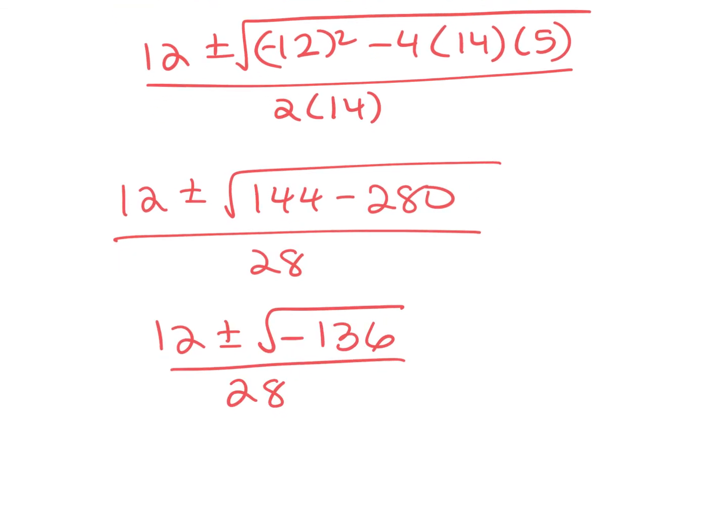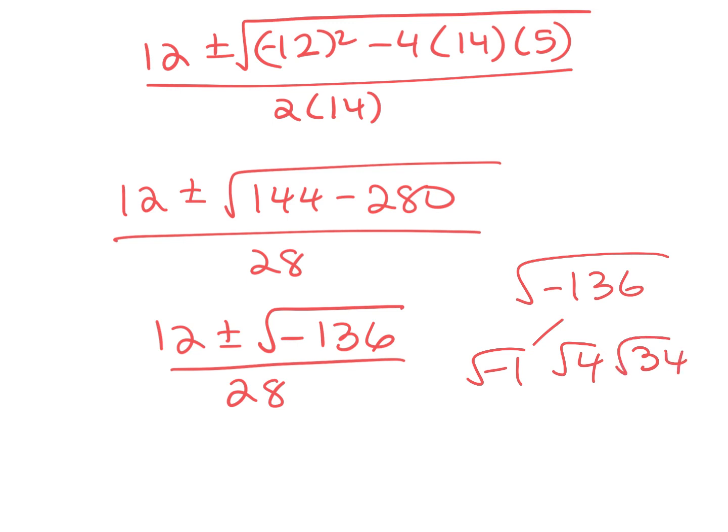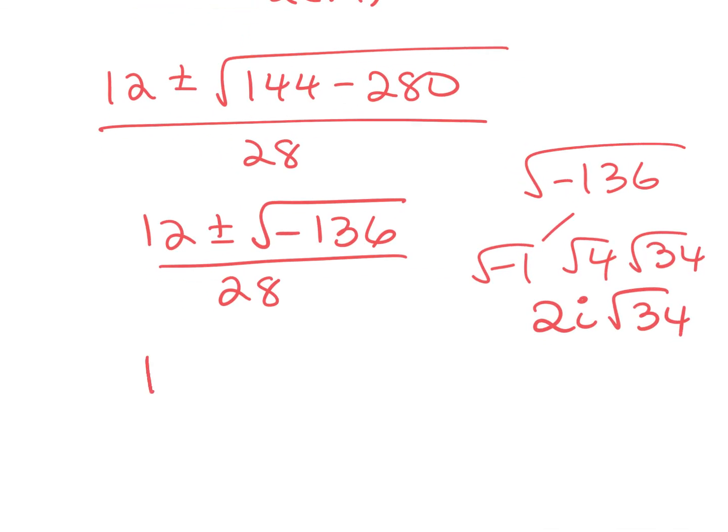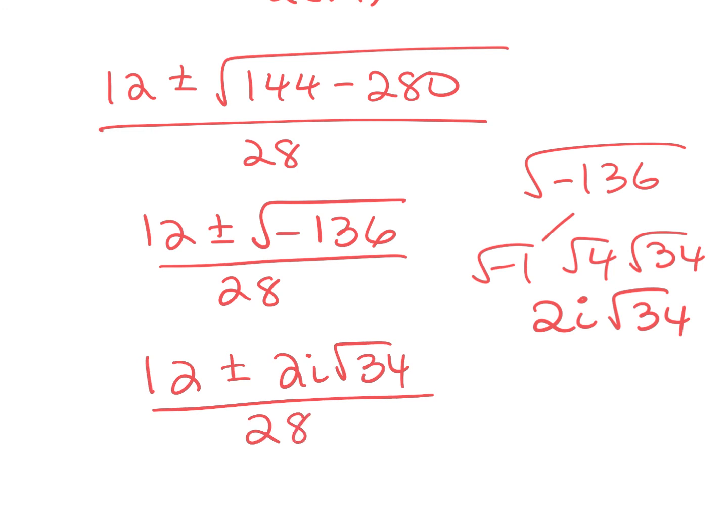Do not be tempted to simplify that 12 and 28 yet. I need to break down the square root of 136. So 136 negative becomes a negative 1. And actually, I can divide it by 4, and I get 34. So this is actually going to become 2i square root 34. So 12 plus or minus 2i square root 34 over 28.